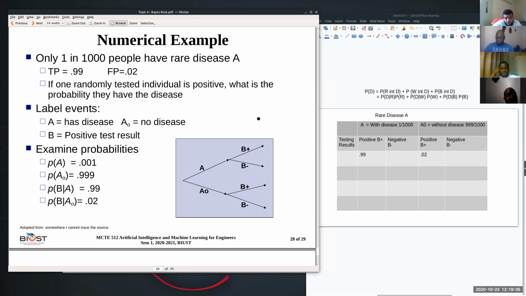So what is the probability that they have the disease?